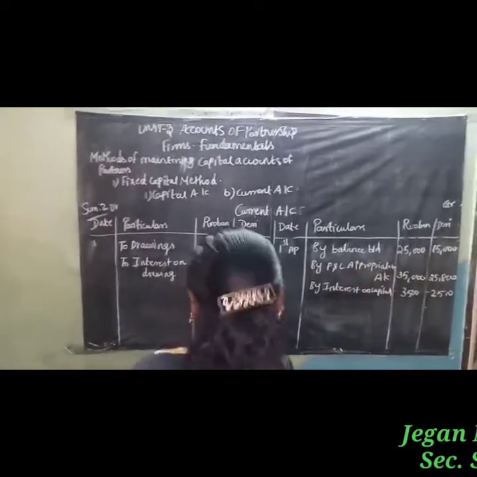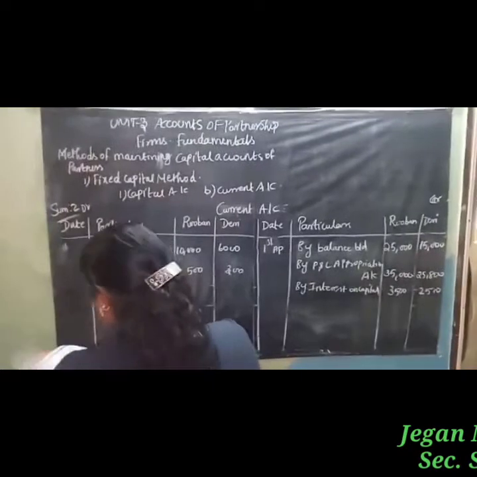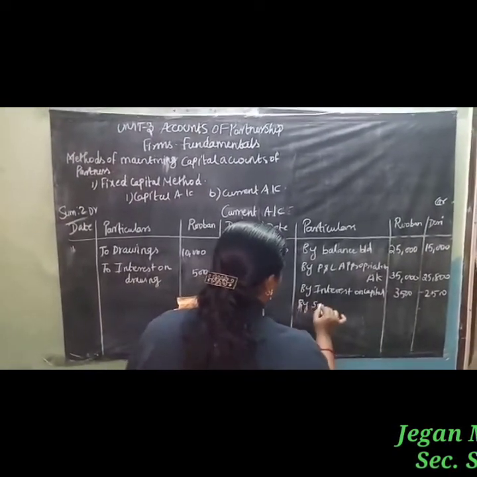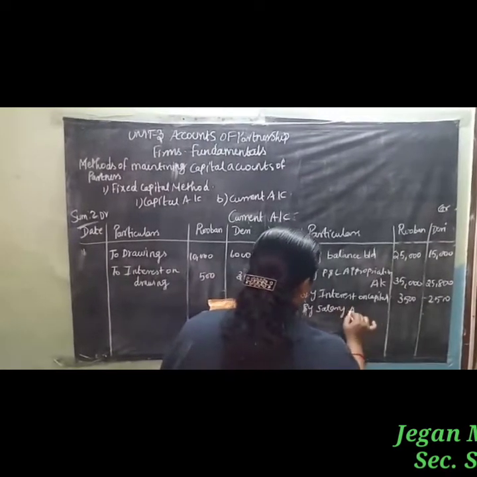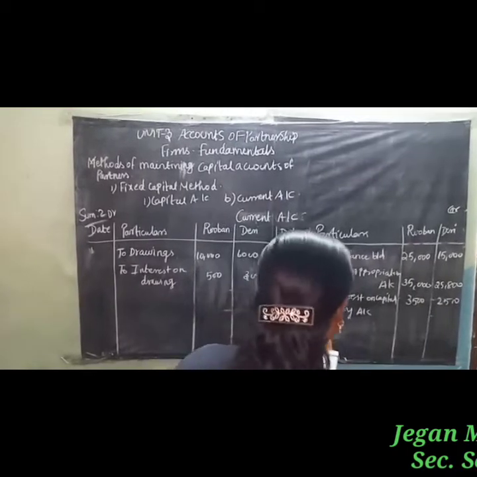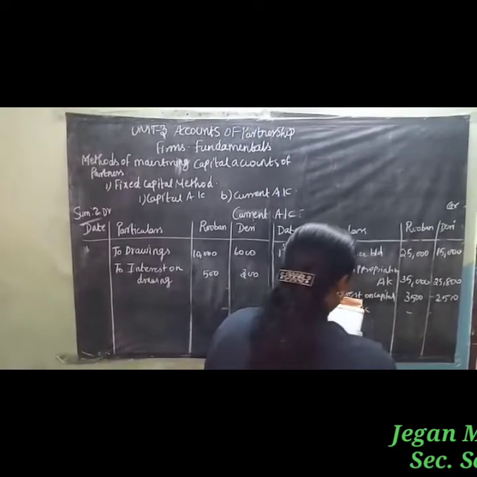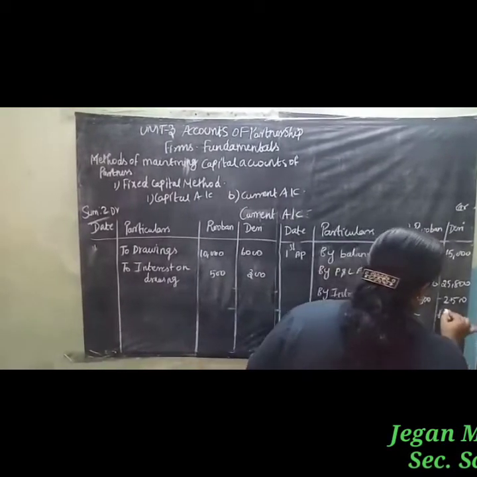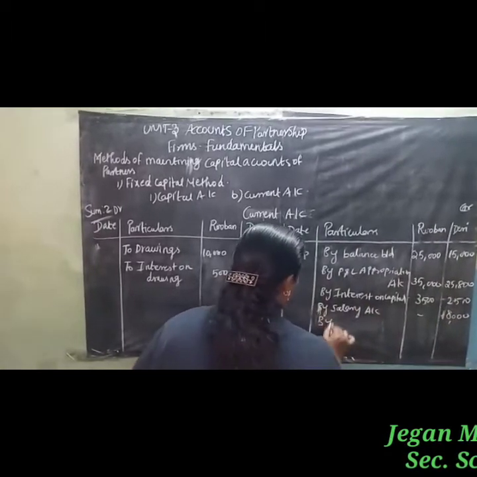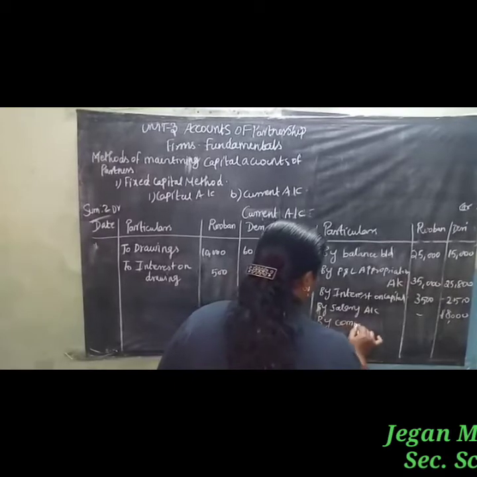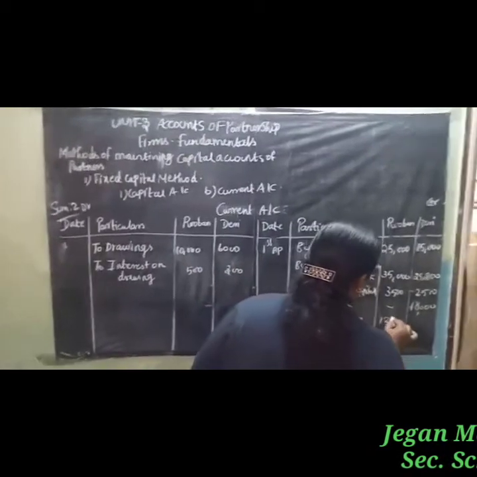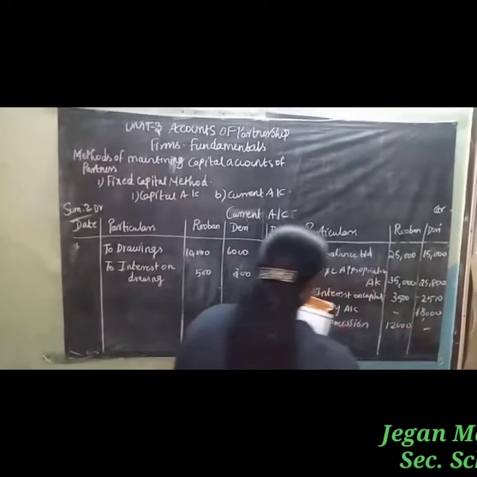The next is salary, by salary account: for Reuben nil, for Derry 18,000. Then next, commission: 12,000 for Reuben, Derry nil.